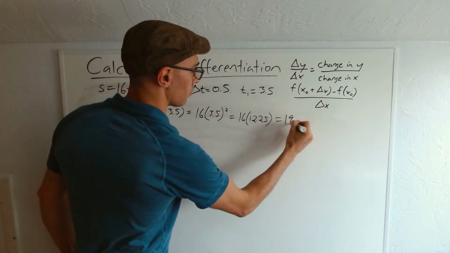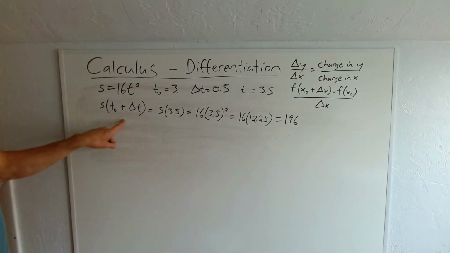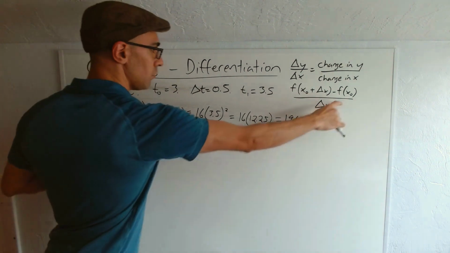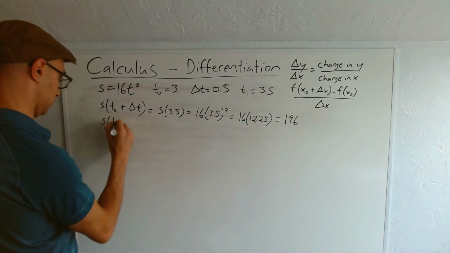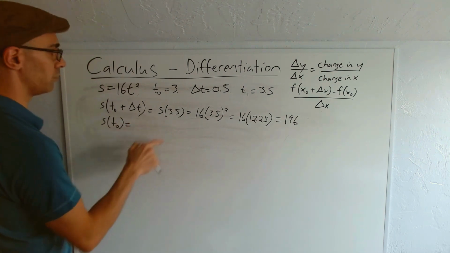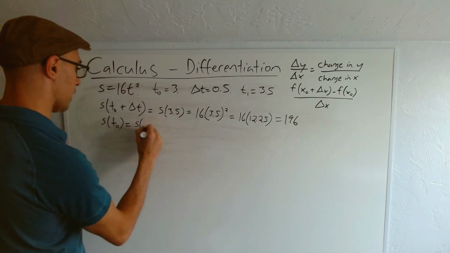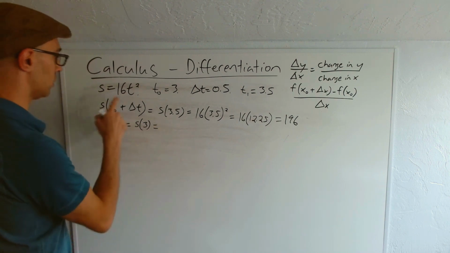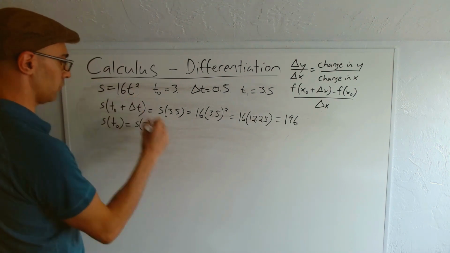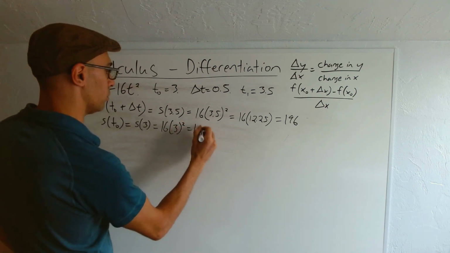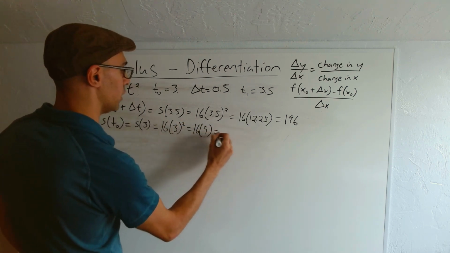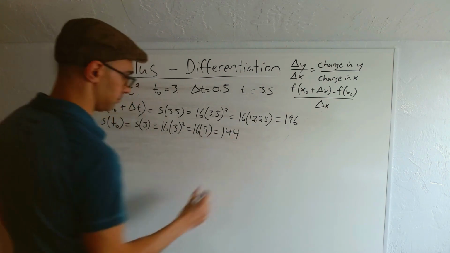All right, that's the first piece. Now let's get this second piece. s evaluated at t naught, so at our initial value of t, which is 3. So s of 3. So we plug in 3 here where t is. So that's 16 times 3 squared, which is 16 times 9, which is 144.